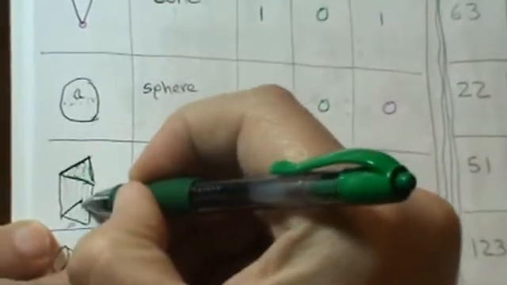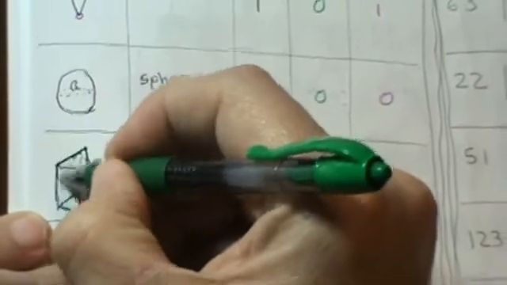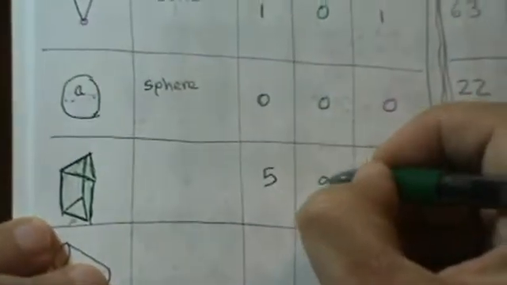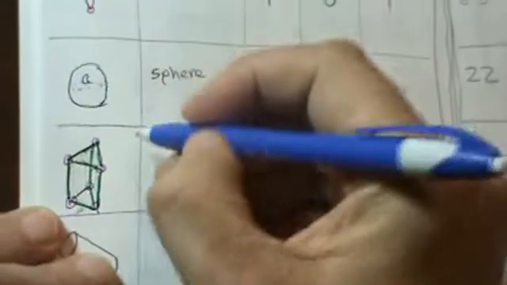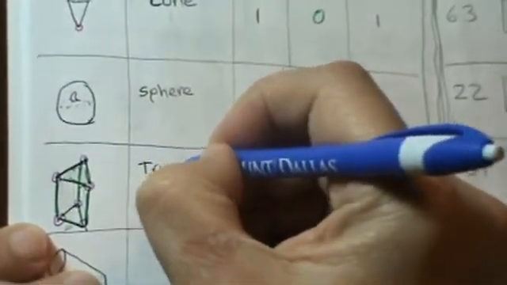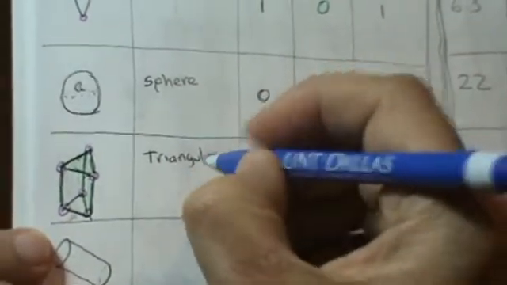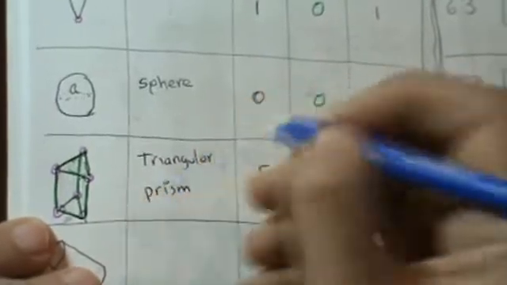And then 4, 5, 6. And then 7, 8, 9. 9 edges. And vertices, I have 1, 2, 3, 4, 5, 6. The name of the shape is triangular prism. Okay?